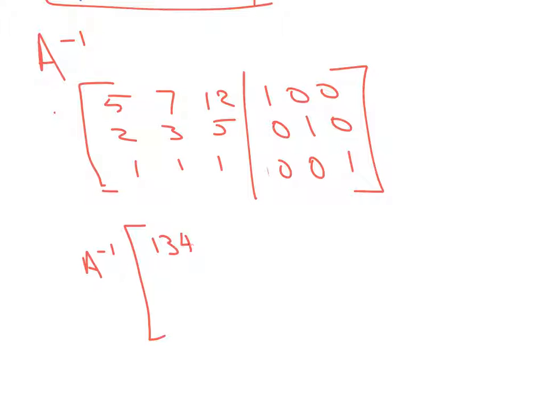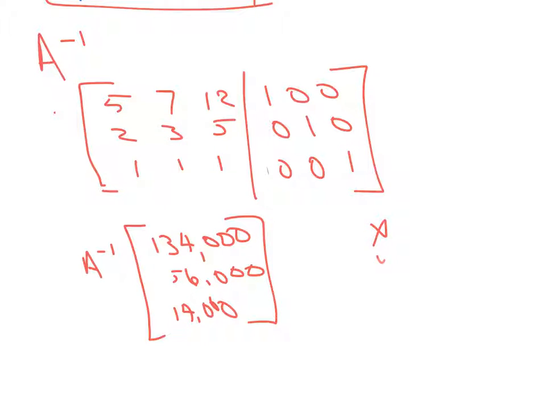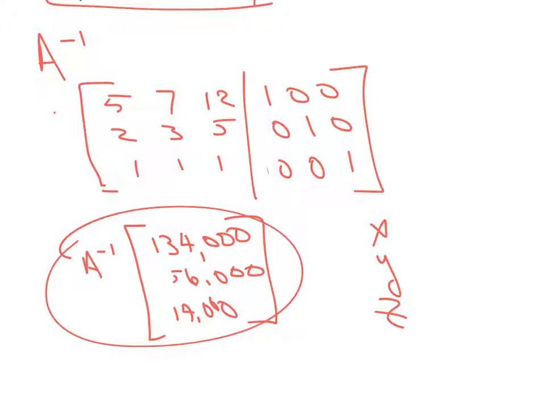And I multiply it by 134,000, 56,000, and 14,000, because this is going to give me my x, y, and z once I multiply those.